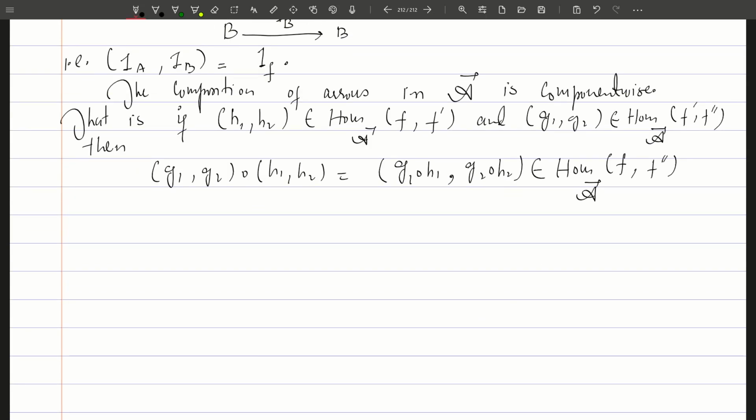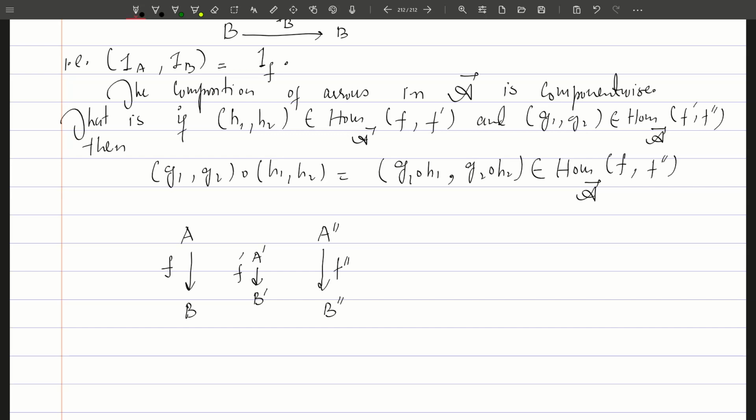So let us see how. We have object A and object B, and between these two objects we have the morphism F. Suppose we have the objects A prime and B prime, and call this morphism F prime. And suppose we have objects A double prime and B double prime, and the morphism F double prime.